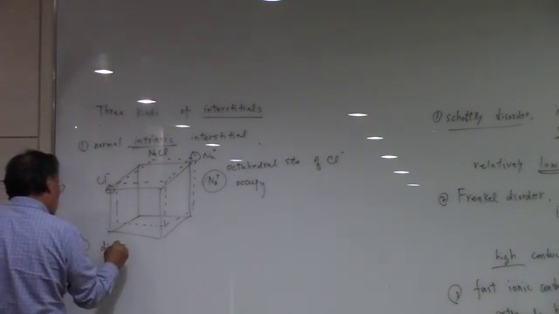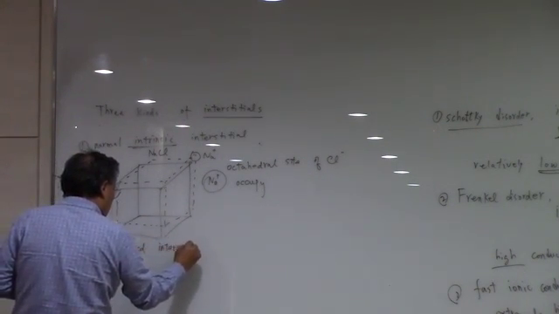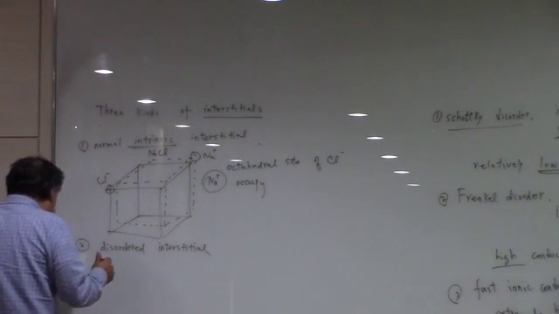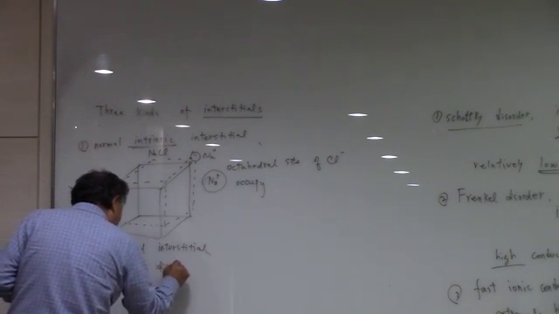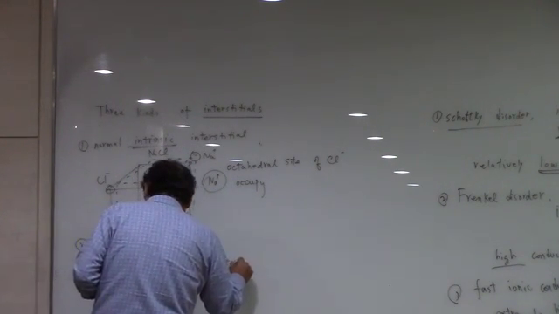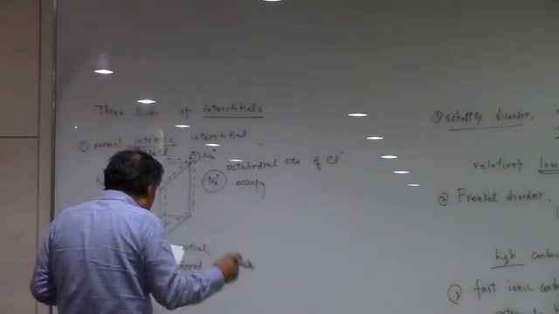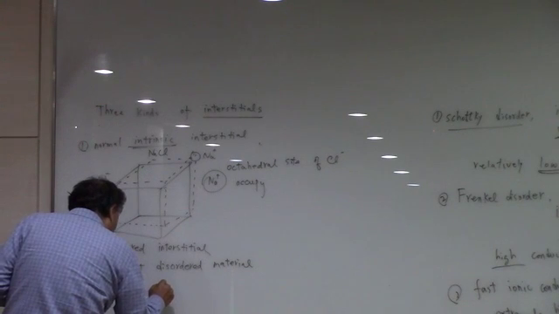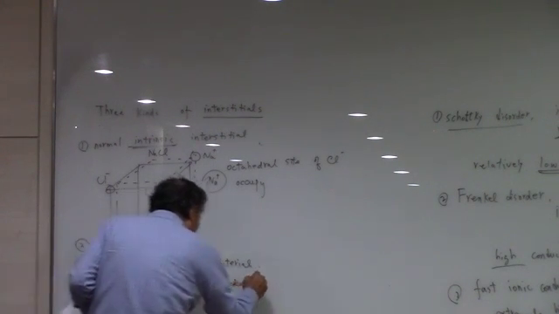And disordered interstitial. And there is inherent disordered material in the anion close-packed structure, like the anion close-packed structure.